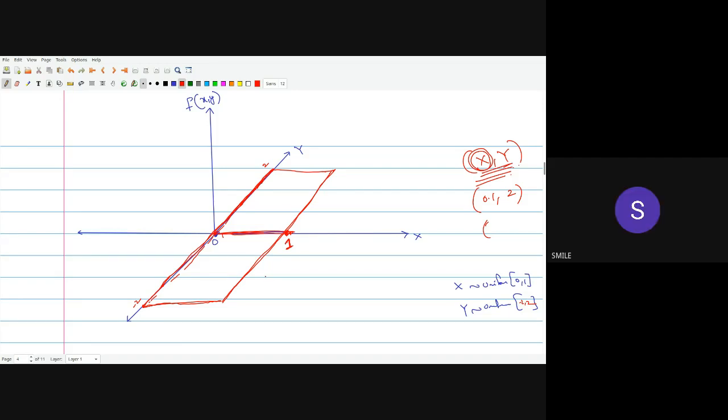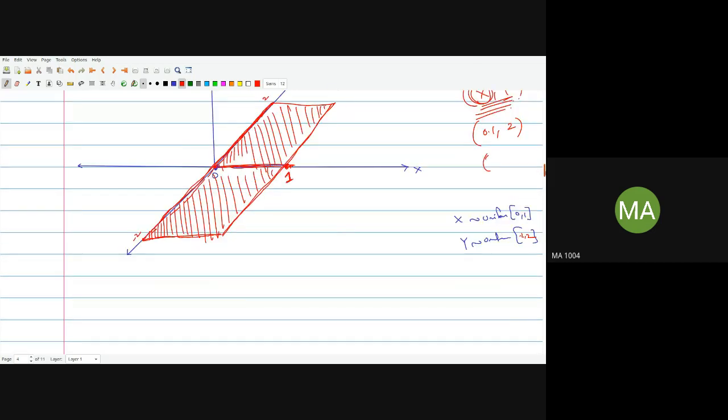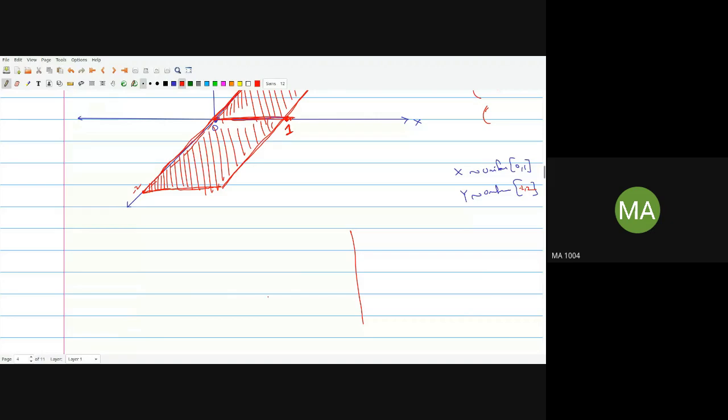So this is the region. If I look at it in the 2D plane with only x and y, it will be like this. So x is between 0 to 1 and y is between minus 2 to 2.